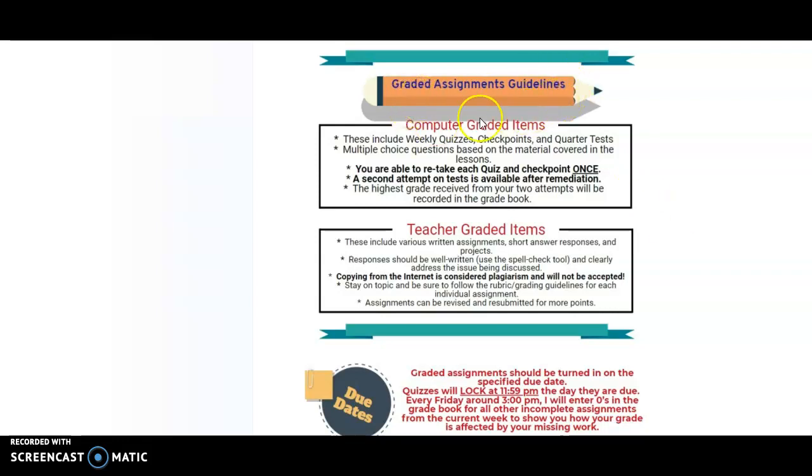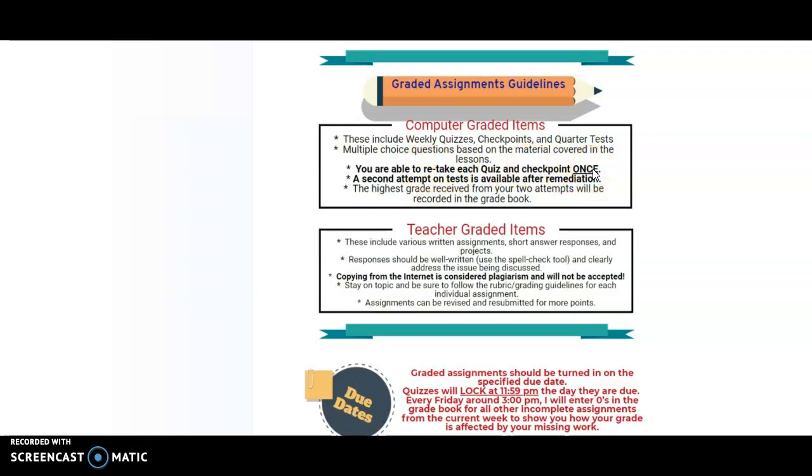Graded assignment guidelines. You will have two types of assignments. You have computer graded assignments, which will include weekly quizzes, checkpoints, and quarter tests. They are multiple choice based on the material that is covered in the lessons. For quizzes, you're able to retake each quiz and checkpoint once.